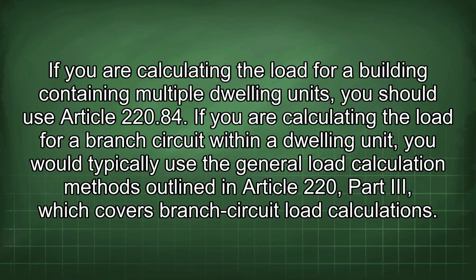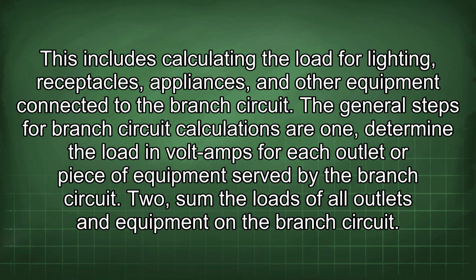If you are calculating the load for a branch circuit within a dwelling unit, you would typically use the general load calculation methods outlined in Article 220, Part III, which covers branch circuit load calculations.